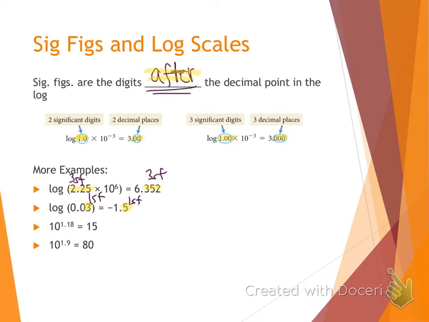So there's our 1 sig fig. Well, these guys here, this is doing our anti-log, 10 to the power. So that means that the power that we're raised to is our log number. Only what's after the decimal is significant in our log number. So that's going to be 2 sig figs.